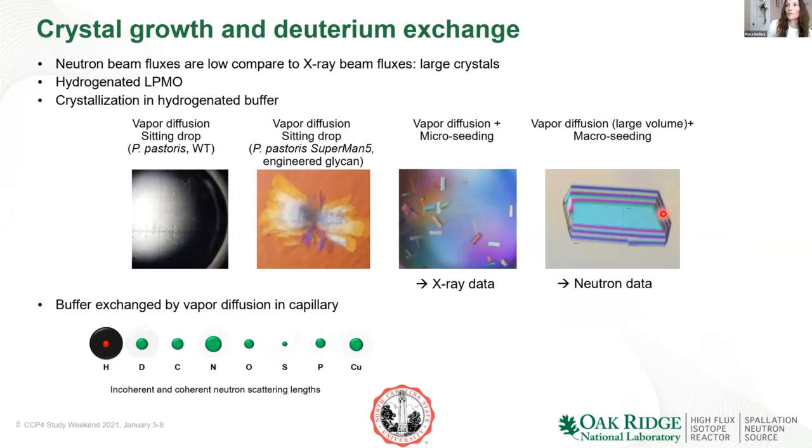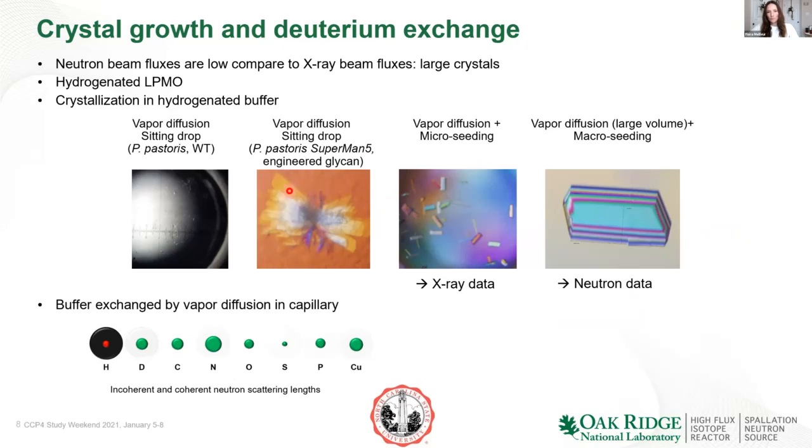As I mentioned before, we can't talk about neutron crystallography without talking about growing large crystals. Again, this is because of the low flux of neutrons available. Very often I hear, oh, neutron crystallography, you need very large crystals, it's difficult. What you really need is well-ordered crystals that diffract X-rays to high resolution.